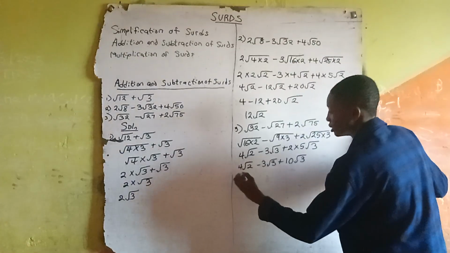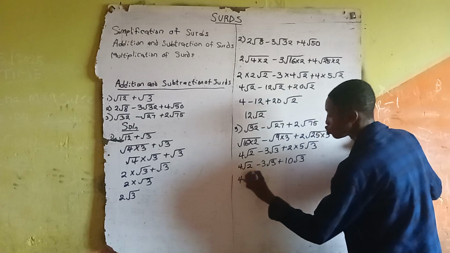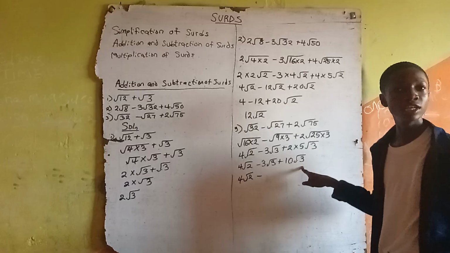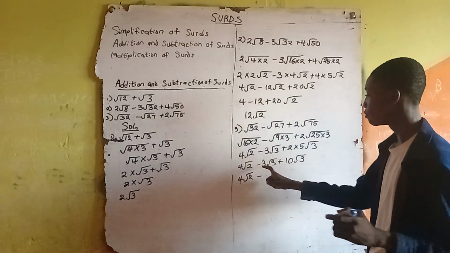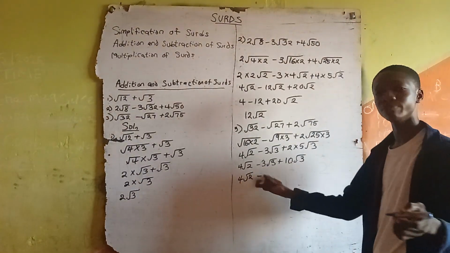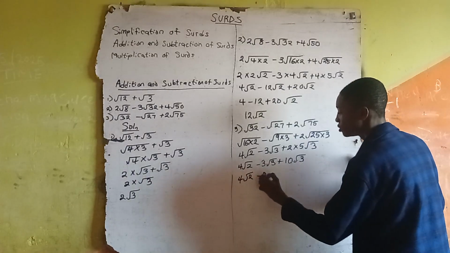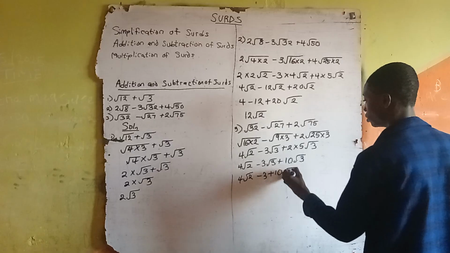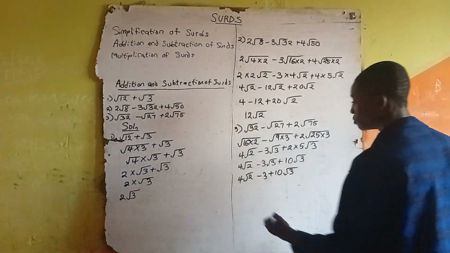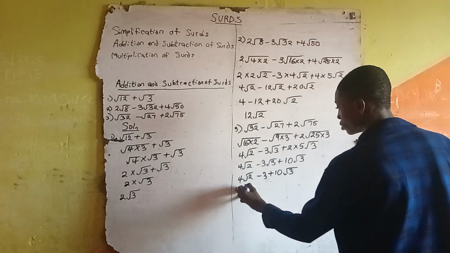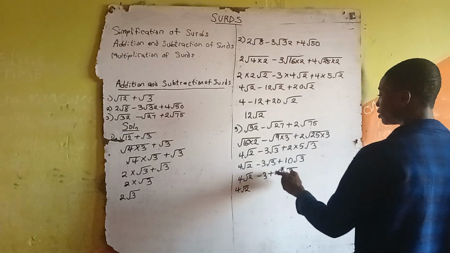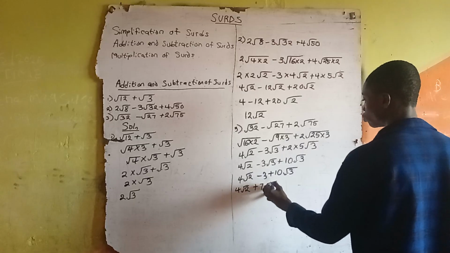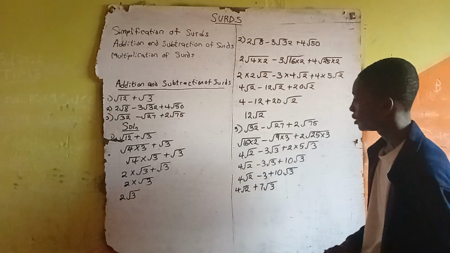We write this one because it has root 2. Since the other two have root 3, we are going to choose one. But before we write the root 3, let's first bring out the numbers. It will be minus 3 plus 10 root 3. Now it will be 4 root 2 plus 7 root 3, since minus 3 plus 10 is 7. Thank you very much.